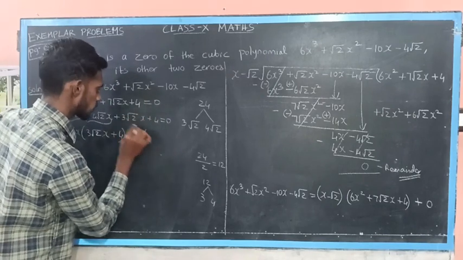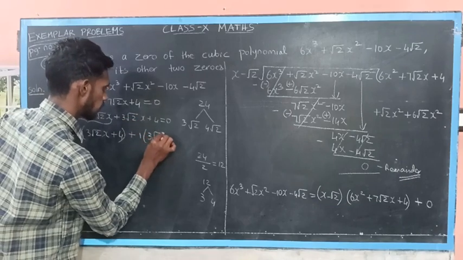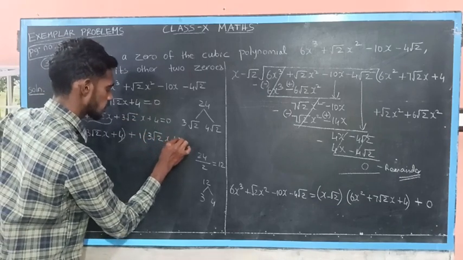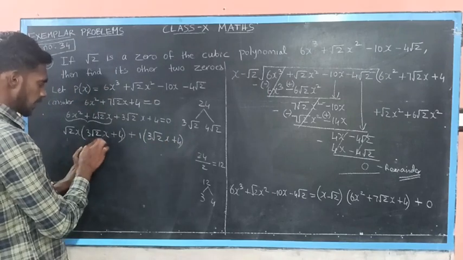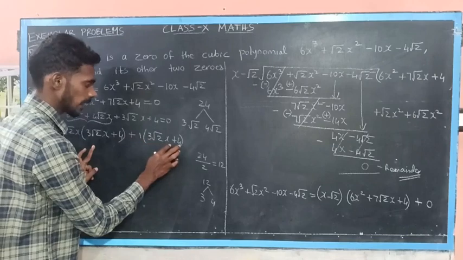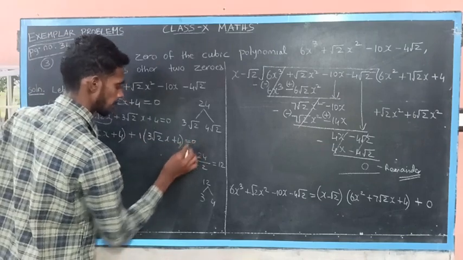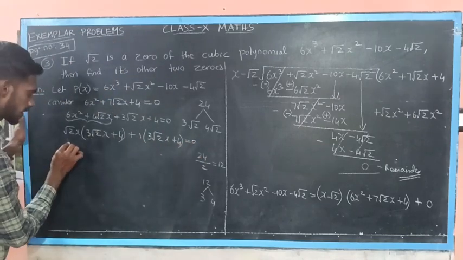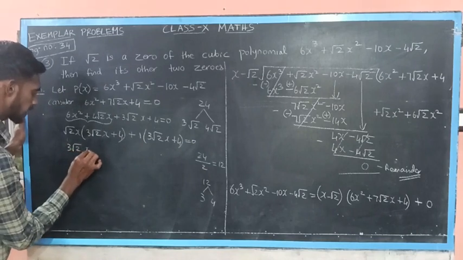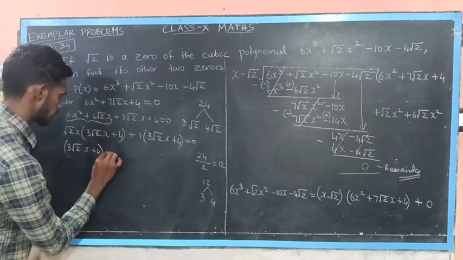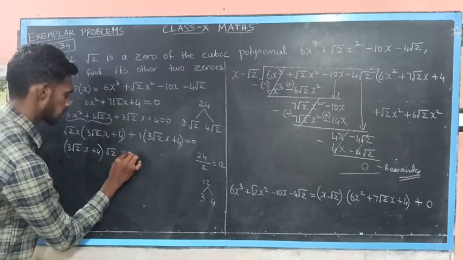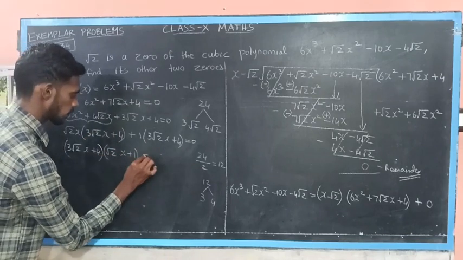So if we take 1 as common, it will become 3 root 2 x plus 4. Okay. So we are getting the same factors, 3 root 2 x plus 4. Okay. So first write the common factor, 3 root 2 x plus 4, into the remaining factor root 2 x plus 1 is equal to 0.